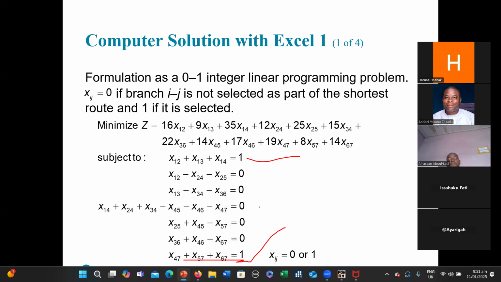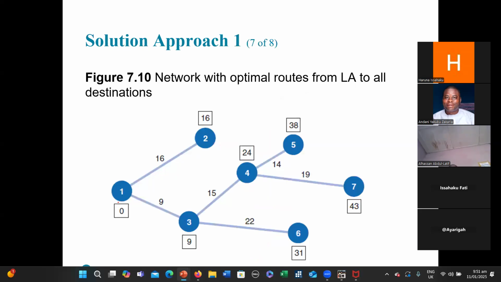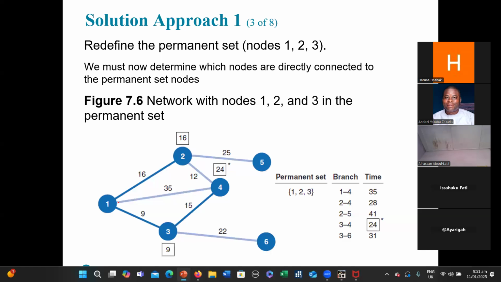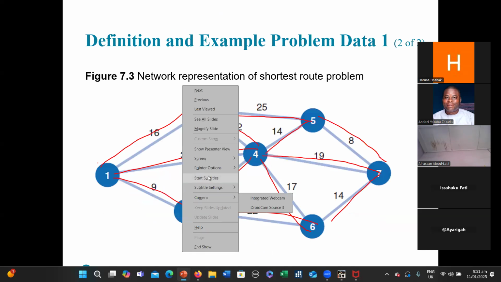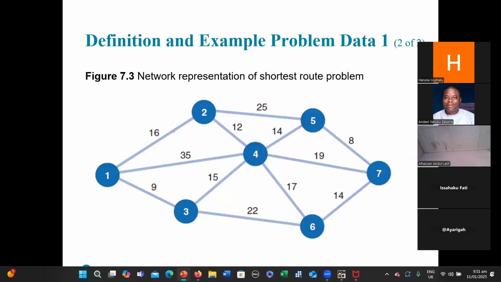And you will see this is quite long. Why? Because if you check node 4, let's go back to the diagram so you see it clearly. You see that the connections to node 4 are from 1, 4, 2, 4, and then 3, 4.